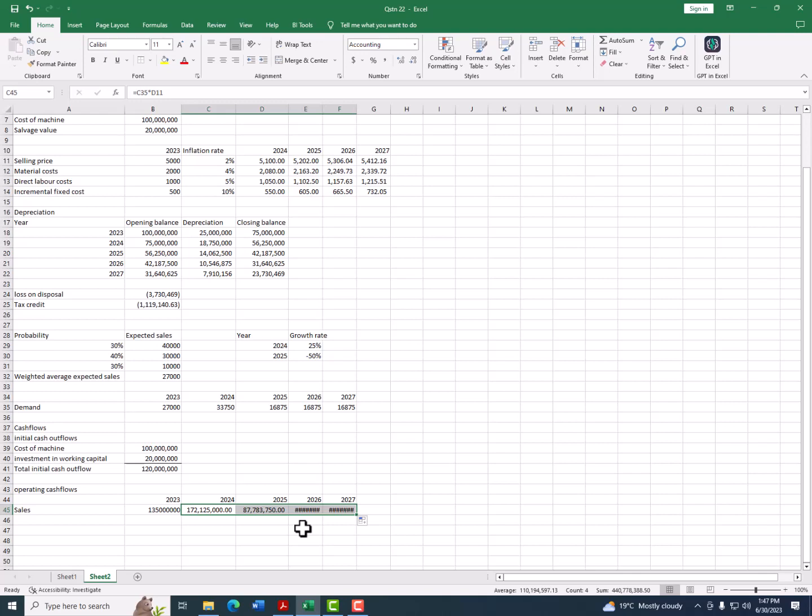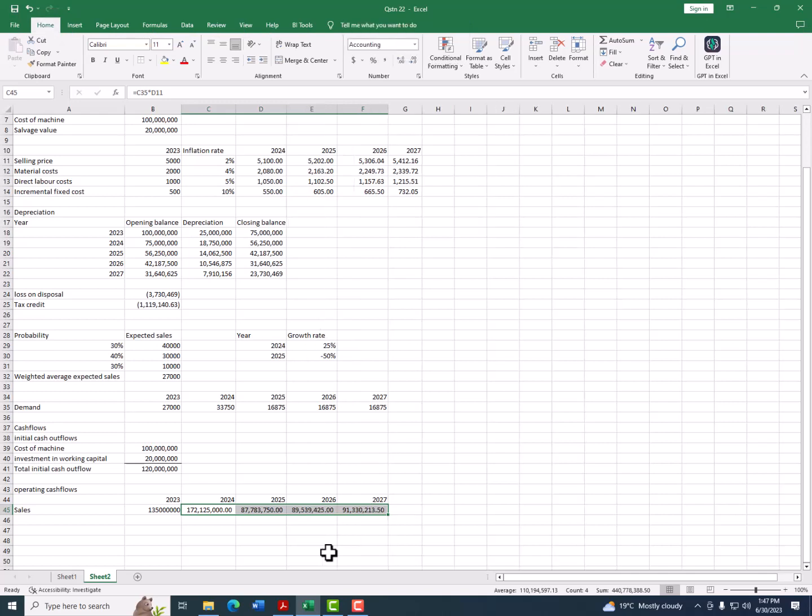One shortcut, you can highlight the affected cells, and you type Alt then O C A. That is a keyboard shortcut, and you can see it has automatically readjusted itself to show all the figures in the calculation. So we have sales.